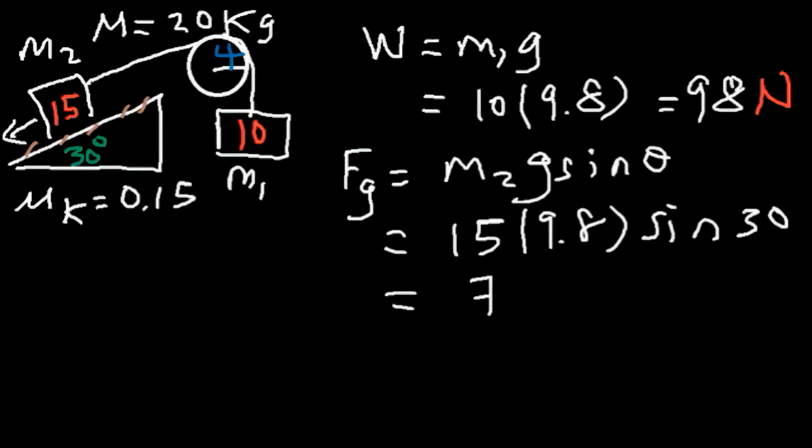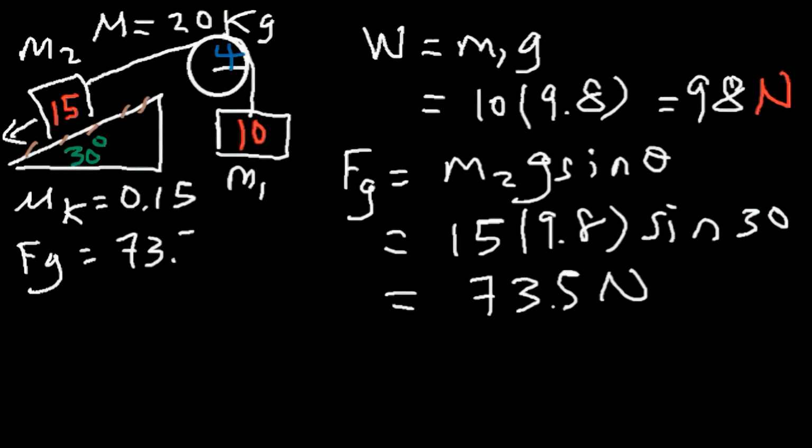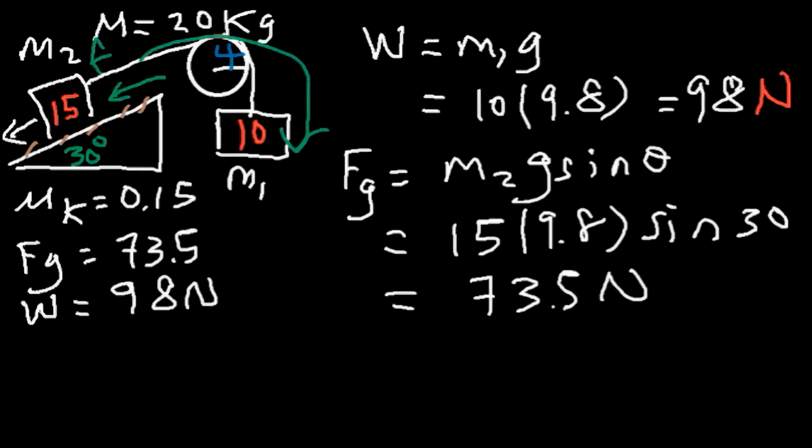So Fg is equal to 73.5 newtons. So let me write these values here. So because the weight force is greater, this system is going to turn in this direction. And friction is going to oppose motion. So that means if the system is going this way, friction is directed the other way.